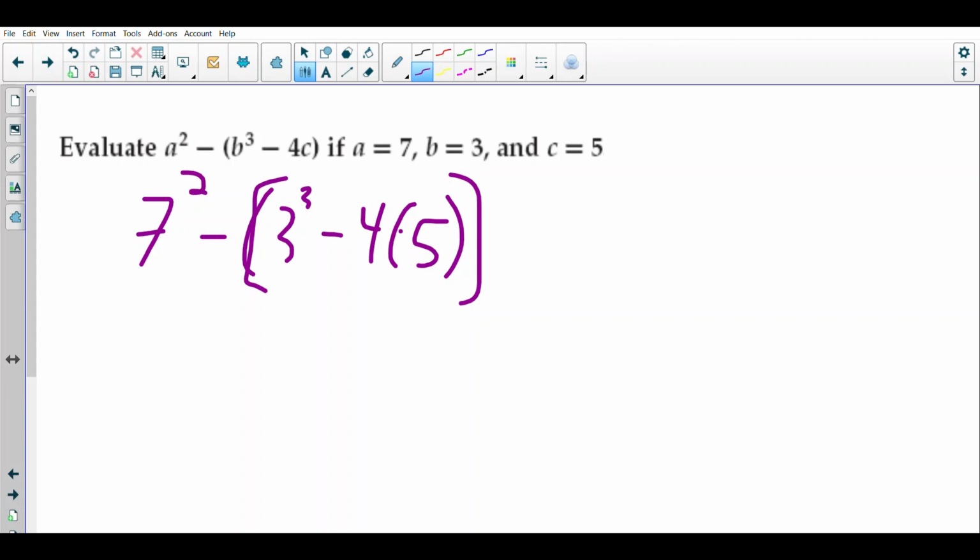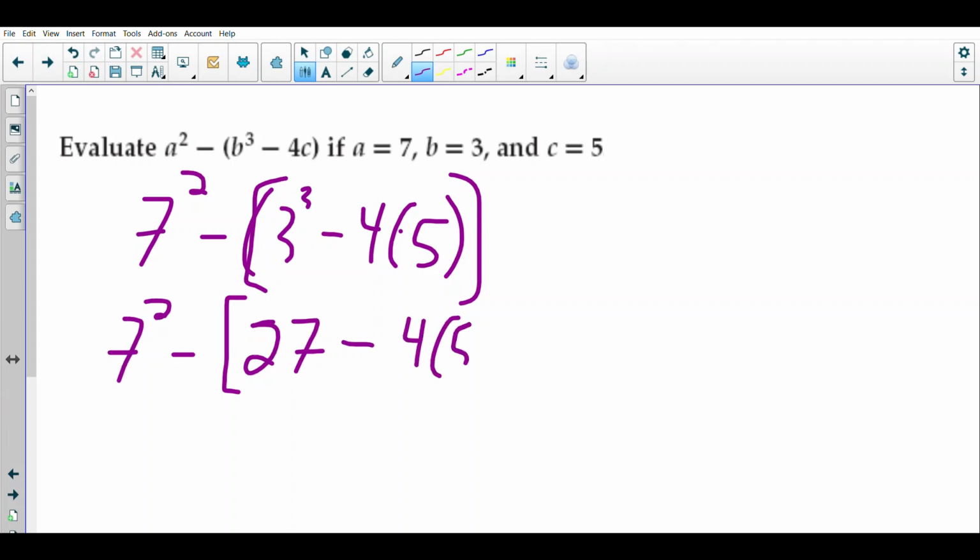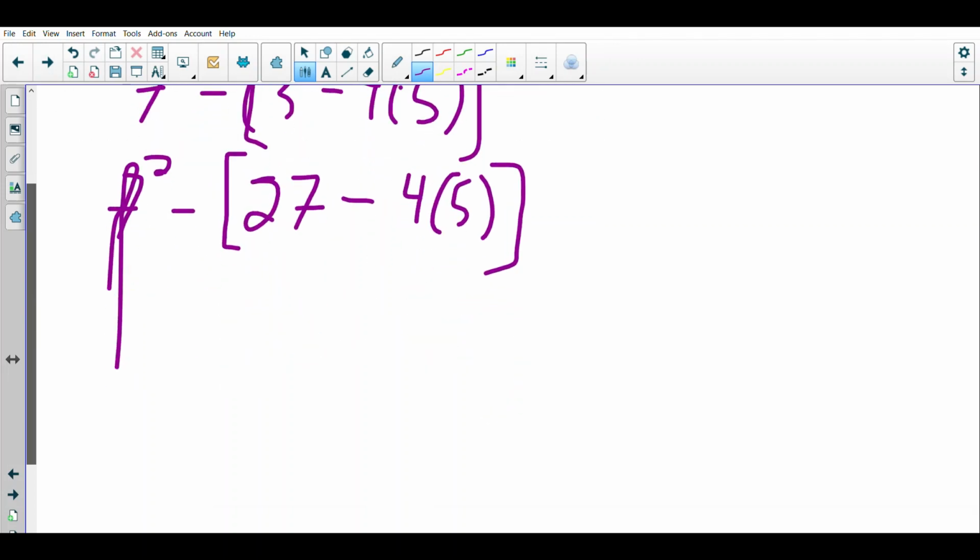Inside I have exponents, so I have 7 squared minus 27, 3 times 3 is 9, times 3 more is 27, minus 4 times 5. Next I'm going to stay inside the brackets.